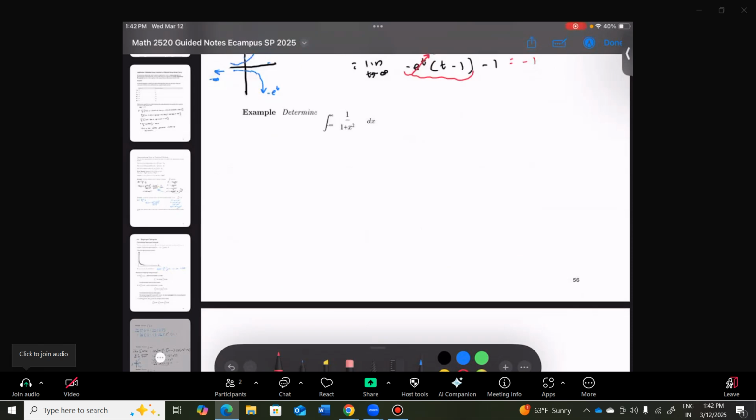Now let's look at the integral from negative infinity to infinity of 1 over 1 plus x squared dx.